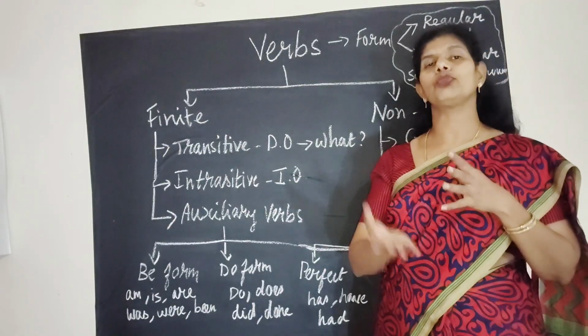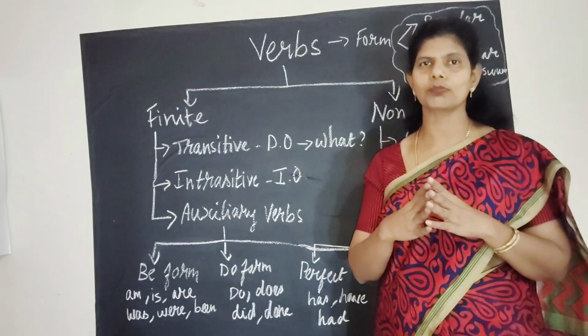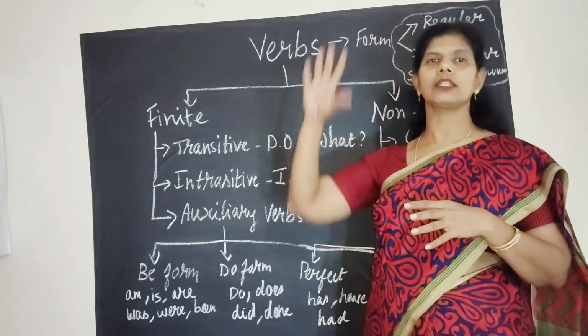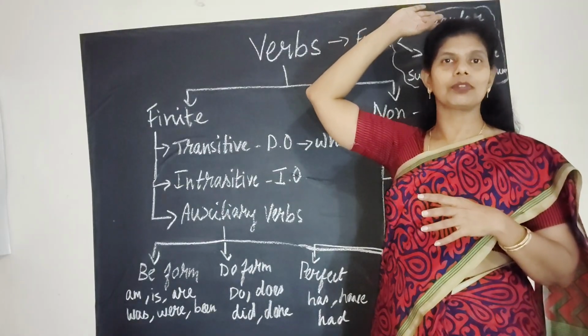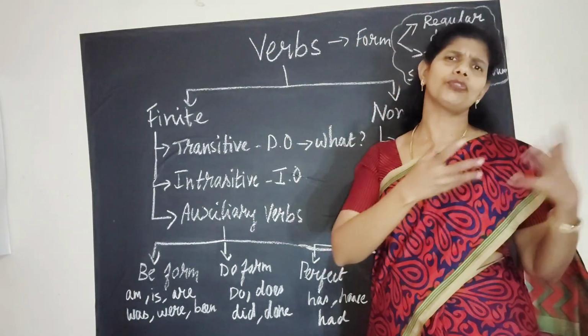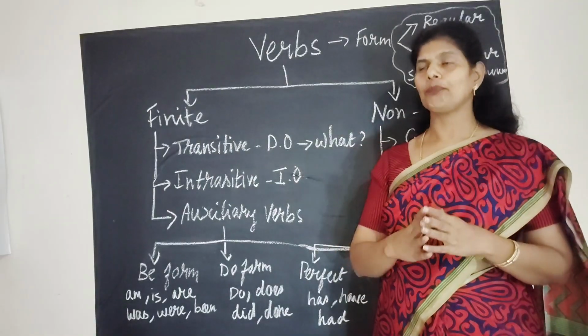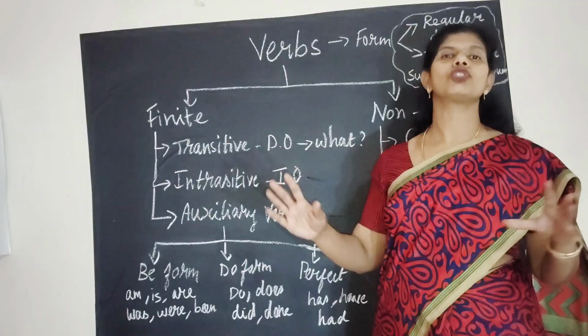When I say forms, I mean the three forms we have, V1, V2, V3. They will take either V1, V2 or V3. Whereas non-finite verbs don't change their form.